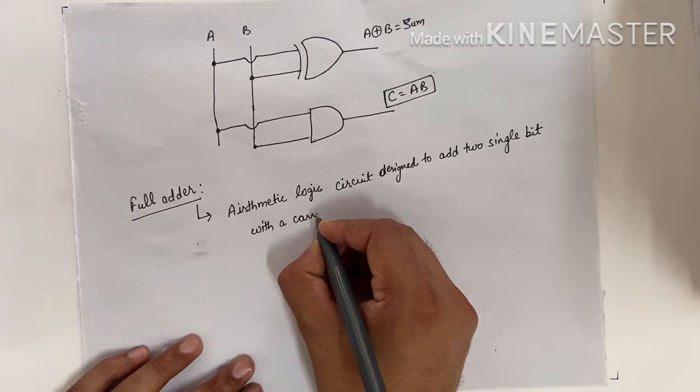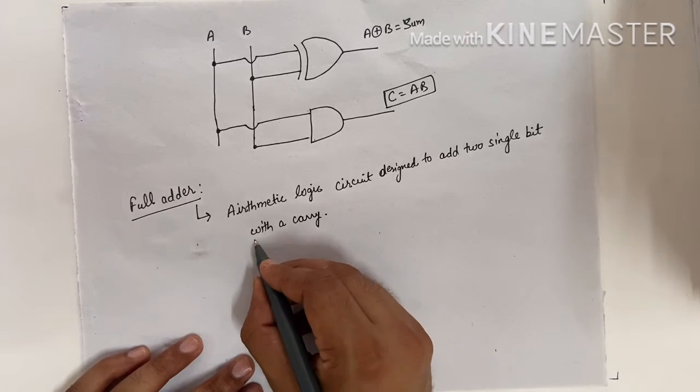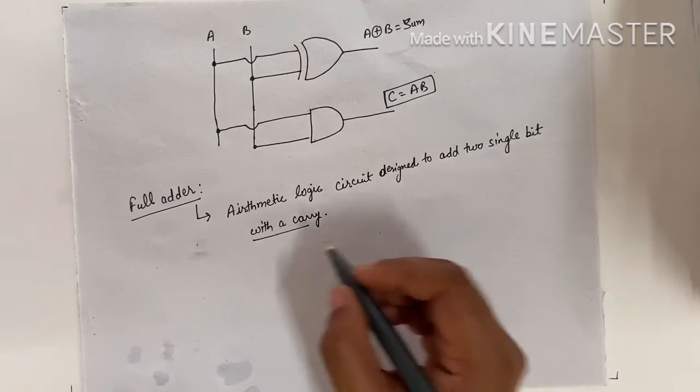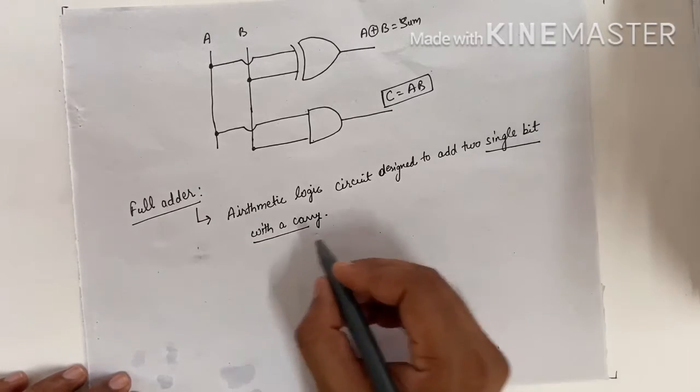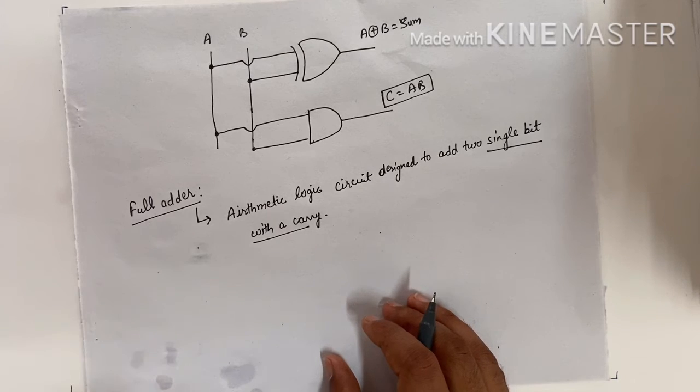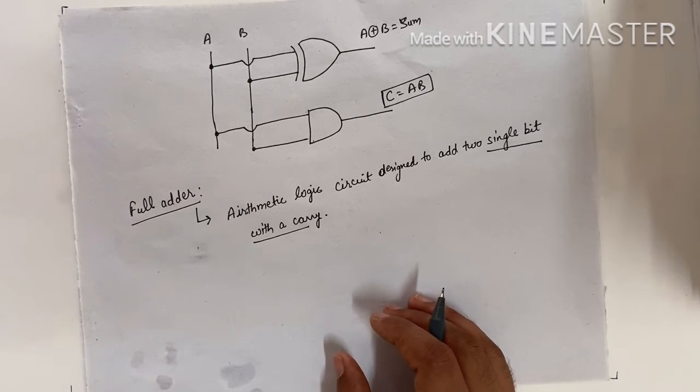This is the advantage of the full adder. In the full adder we have to add two single bits with the carry. So in the full adder there is a carry also, we have to add the carry.